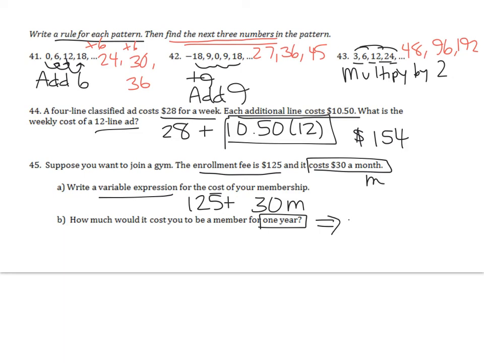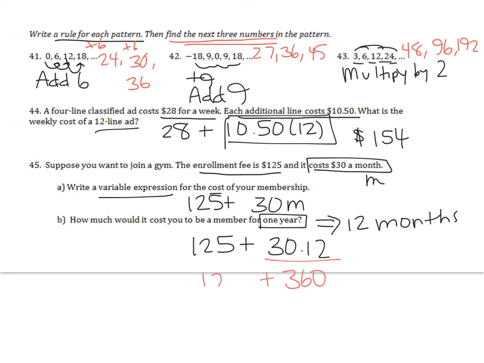So there are 12 months in a year. So the answer is going to be 125 plus 30 times 12. So do order of operations first and do 30 times 12 is 360 plus 125. And you get 485.